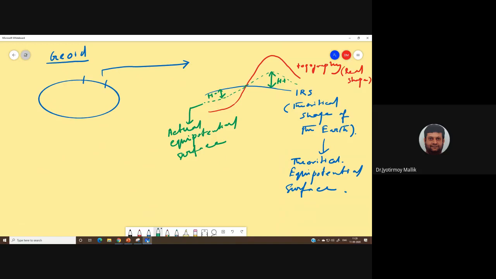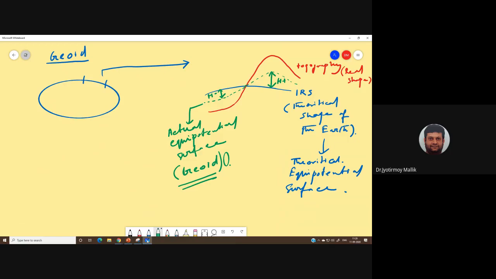So this actual equipotential surface is called the geoid. Okay. So this actual equipotential surface is called the geoid. Right.